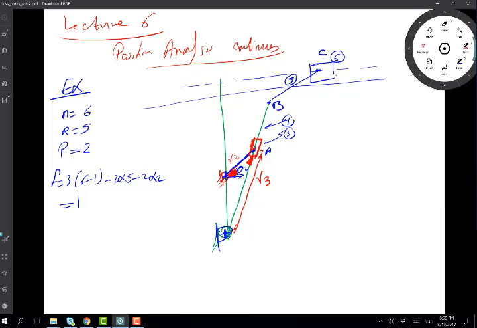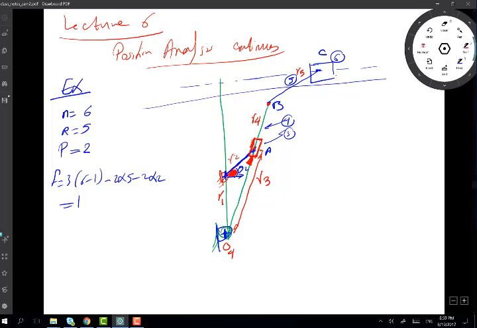R3 is a variable, of course. I have a constant R1, and R4, the length of link 4, from the pivot O4 to B, is constant, and R5 is also constant. So there are only constants besides R3.